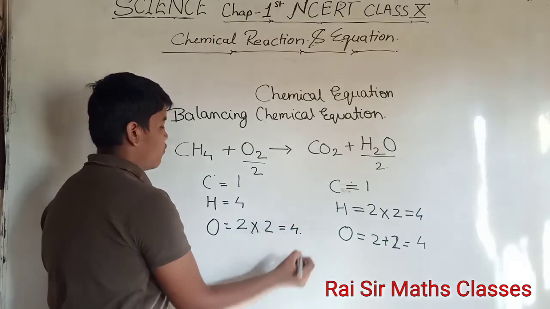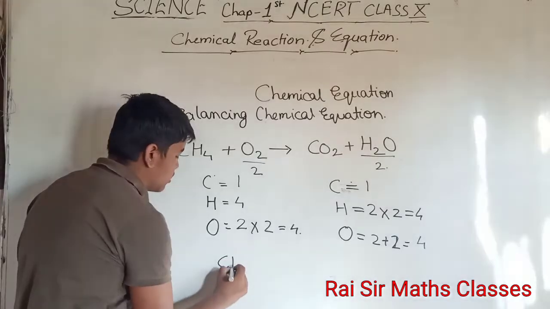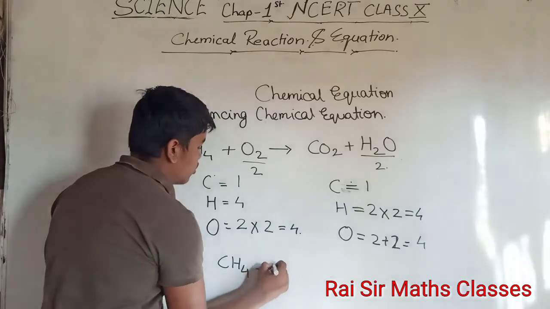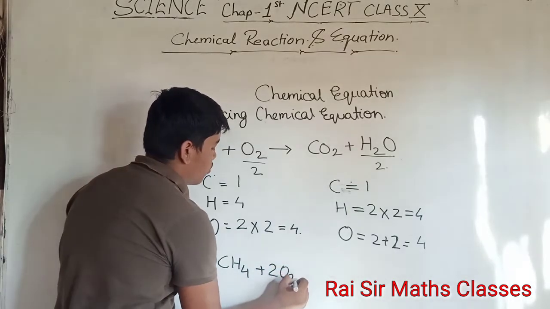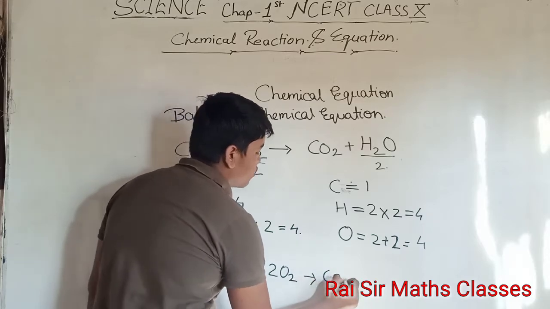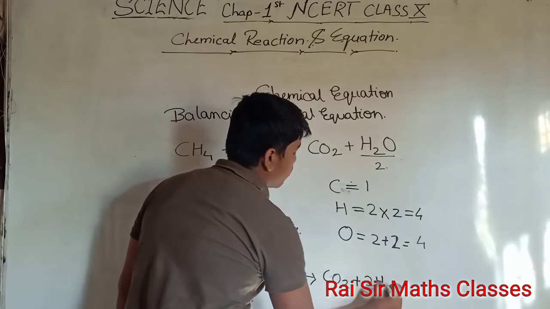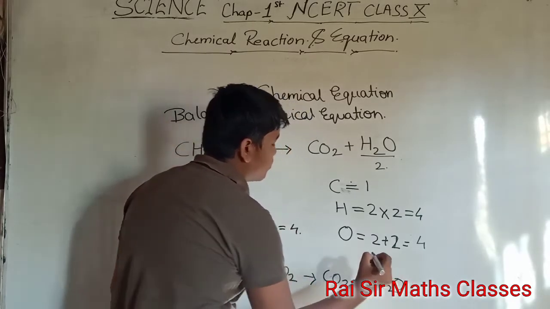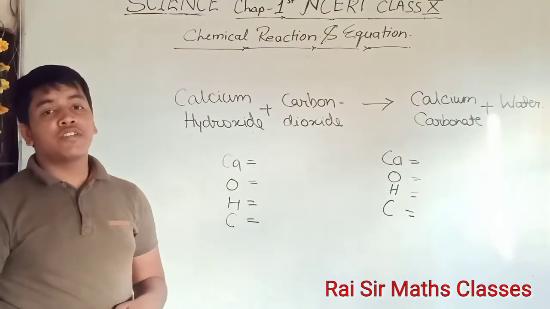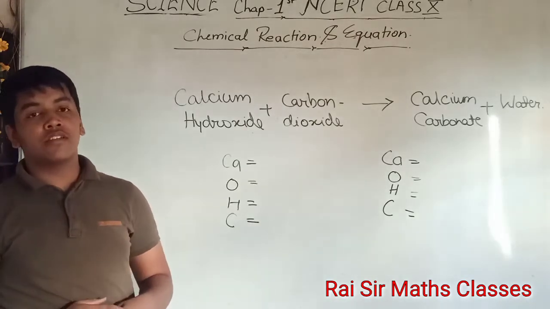Now it is 4. So we get a balanced equation, that is CH4 or methane plus 2 atoms of O2 will give us CO2 plus 2 particles of water, that is H2O. To solve this type of equations, we have to learn all the symbols of each element.